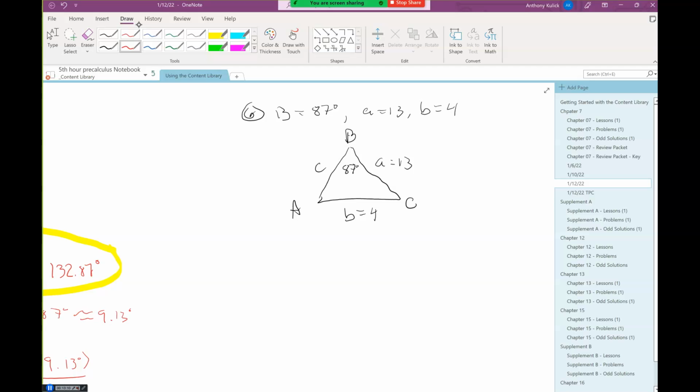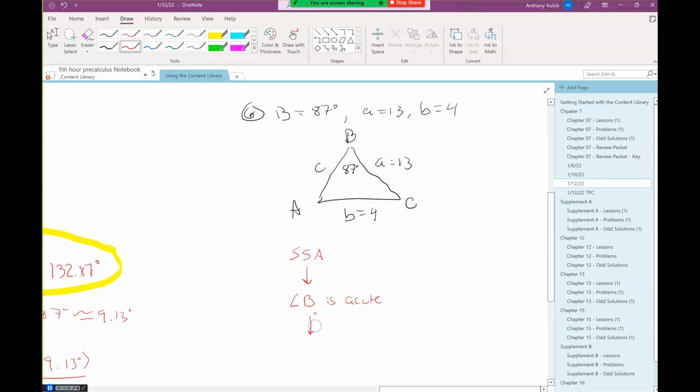So what scenario are we in? Is this side-side-angle or side-angle-side? Side-side-angle. Okay. In side-side-angle, the first thing we need to do is look at the size of the given angle. That's angle B. Is angle B acute, right, or obtuse? Great. It's acute because it's less than 90 degrees.